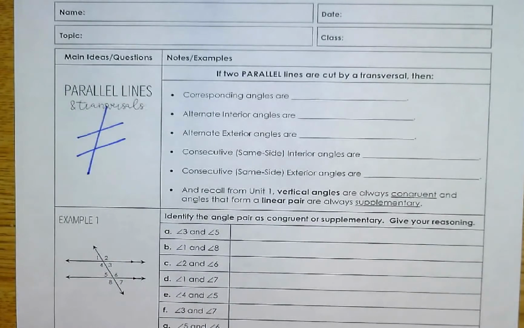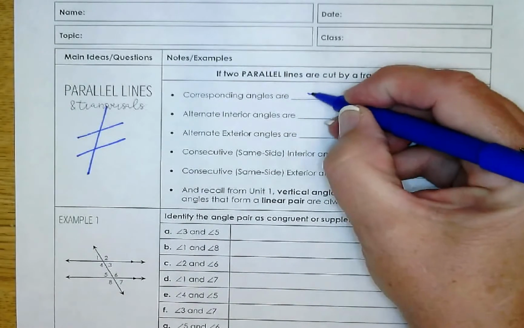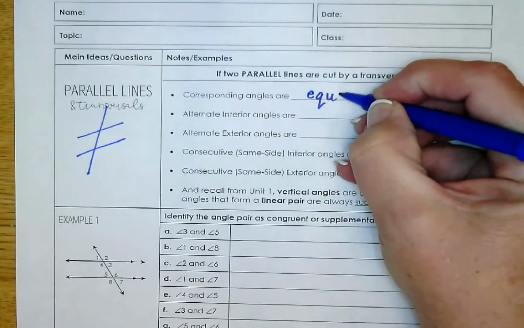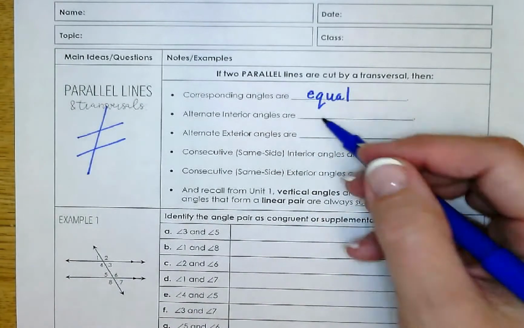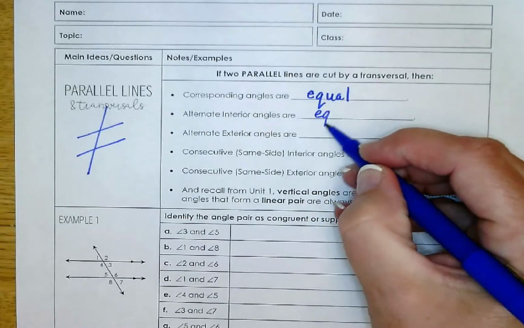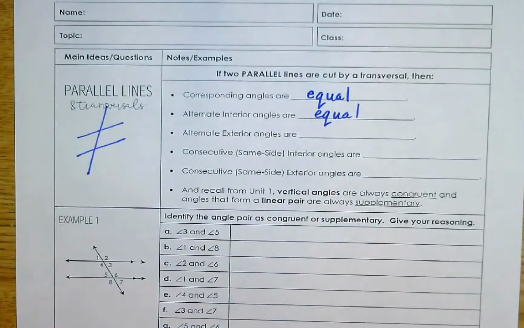They have a relationship. If the angles are identified as corresponding, we know all corresponding angles are going to be equal. So if I know one angle, its matching pair for corresponding is also going to be equal. Alternate interior angles, when I identify that pair, they also will be equal.